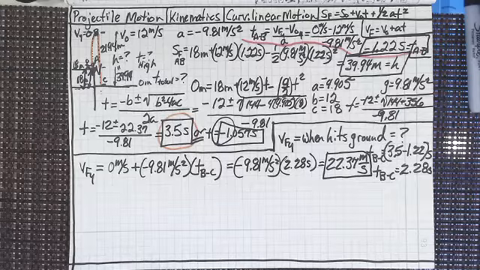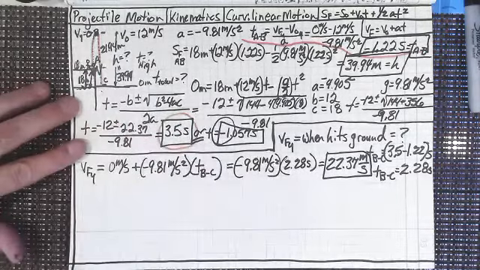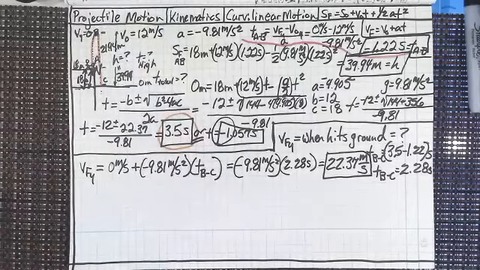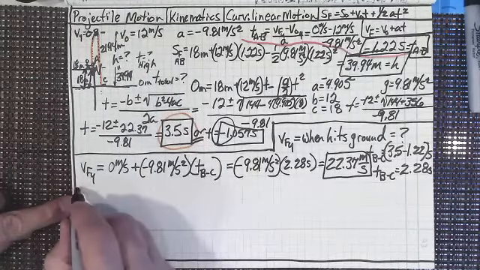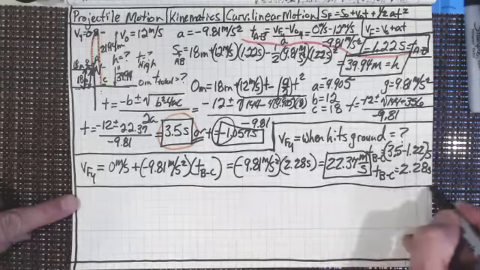All right. Now, we've got this problem set up so that we've thrown this up at 12 meters per second. But what I want to do is look at how this problem would relate to a similar problem.